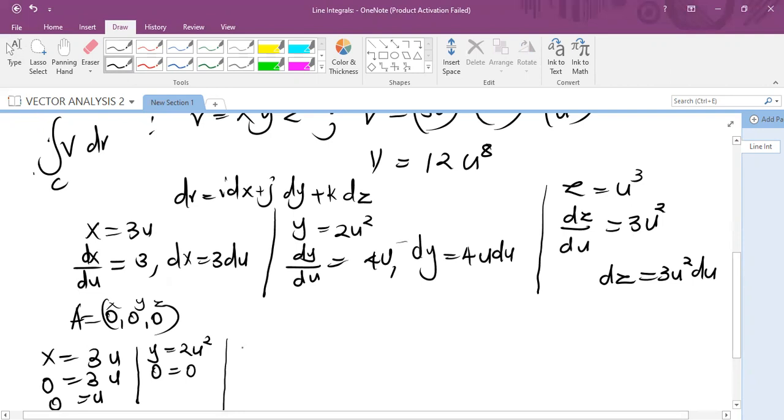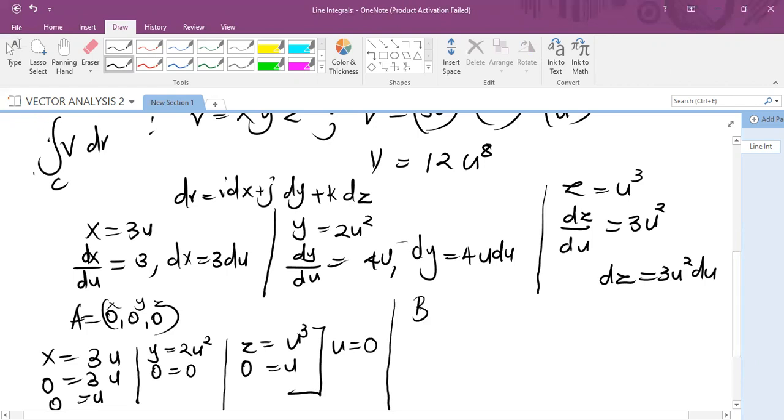And z is 0. So let's first write the expression for z. z is equal to u cubed. Now, when our z is 0, what will be the value of u? So clearly, u is equal to 0. That is for this particular point.